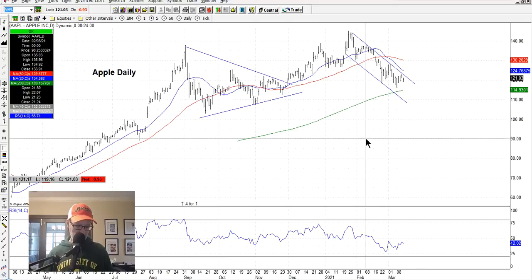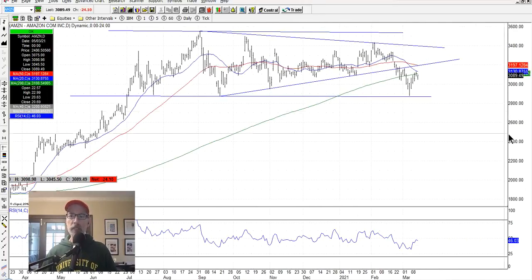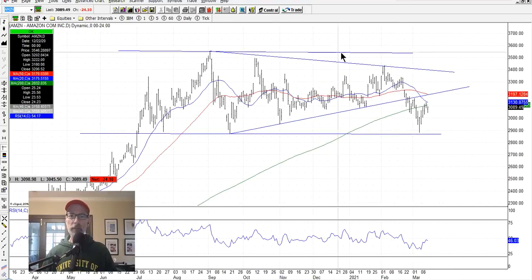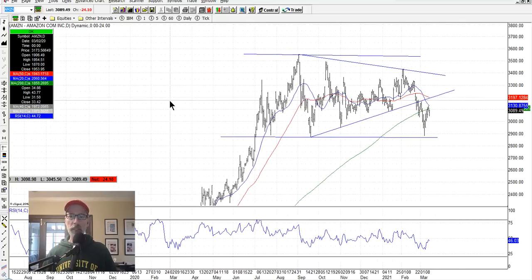Let's take a look at Amazon. Amazon's been sort of caught in this longer term channel here. Let me close this up a little bit here. So we look at Amazon, and it's definitely fallen out of this triangle, the congestion pattern, went all the way down to the bottom of the channel, bounced back up, and now it's hugging right on the 200-day moving average right here.